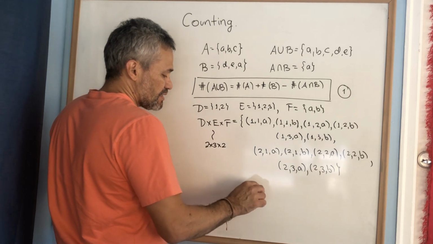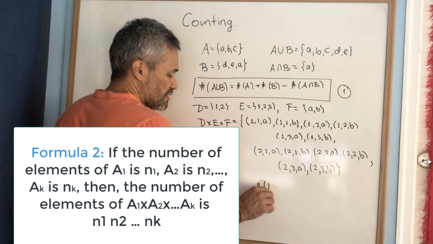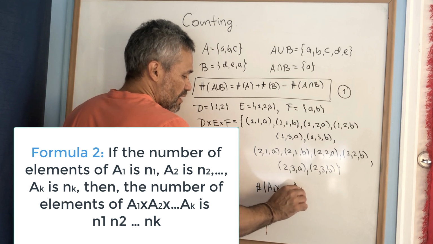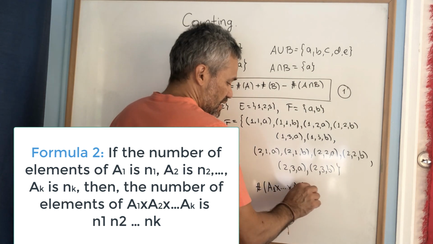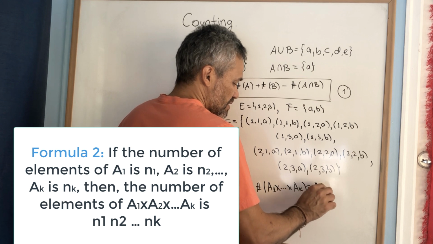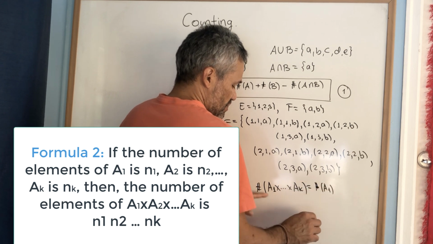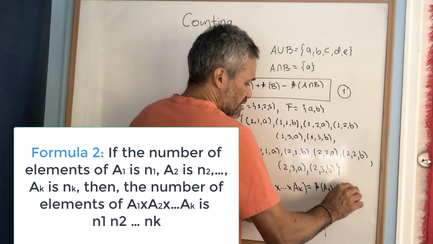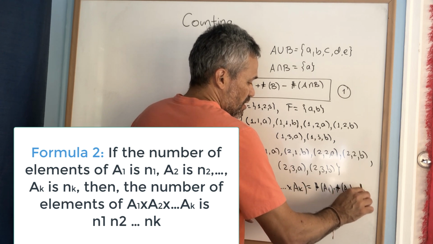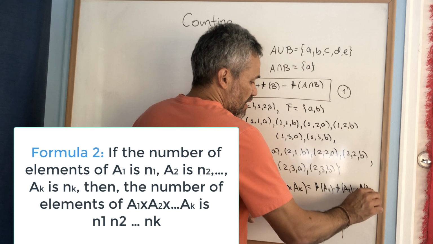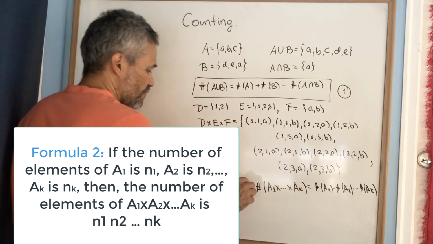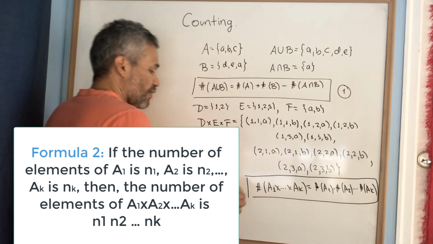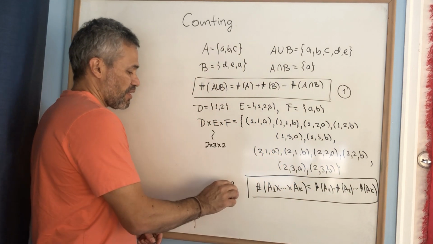We can generalize this by saying that the number of elements in the Cartesian product of k sets is just the number of elements in the first set times the number of elements in the second times, and so on, up to the number of elements in the last set. And we have this formula. Let's call this formula number 2.